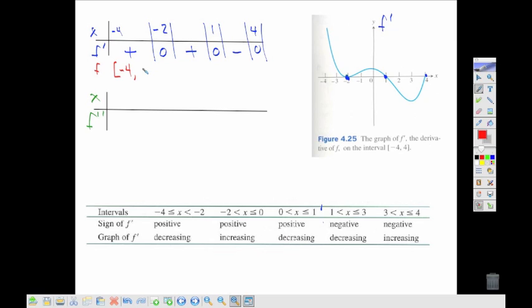Now we don't want to write it like going to -2 and then have an open dot and then continuing, because we continue to increase from -2 to 1, but we are still increasing really here. Even though we have a shelf point to 0, we're still increasing because every point as we move from left to right is a little bit higher than the previous point. So instead we're just going to say that we're increasing from -4 to 1.